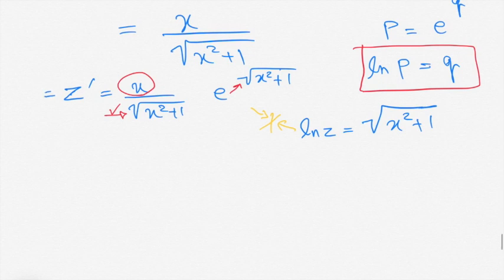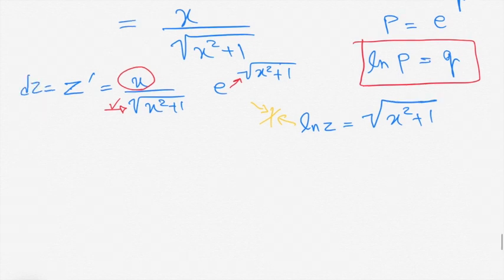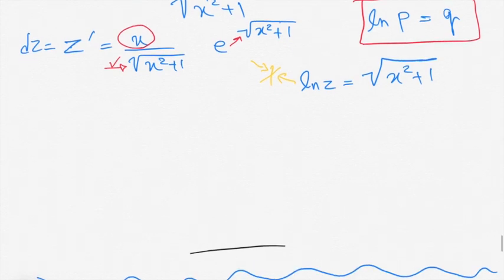So if we write it like this, z prime is equal to dz, right? Actually, this was just dz, not z prime.